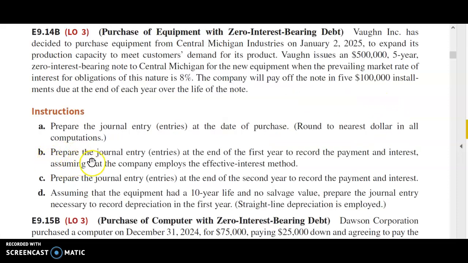The next part, Part B, prepare the journal entry at the end of the first year to record the payment and the interest, assuming that the company employs the effective interest method. With the effective interest method, you're going to keep a running balance of your carrying value.